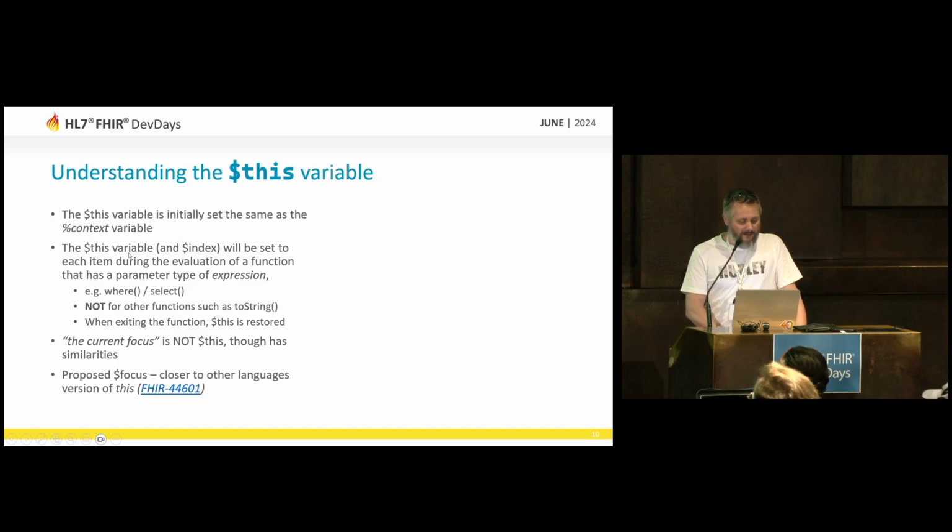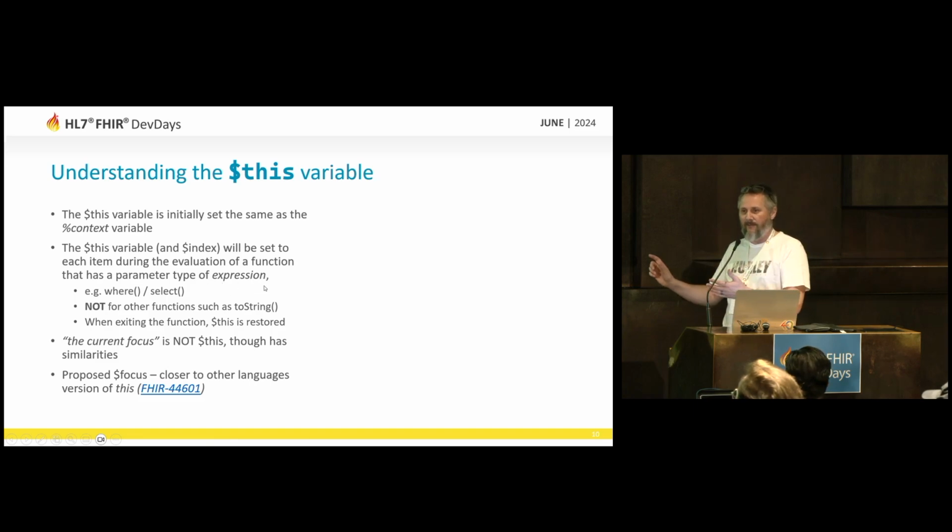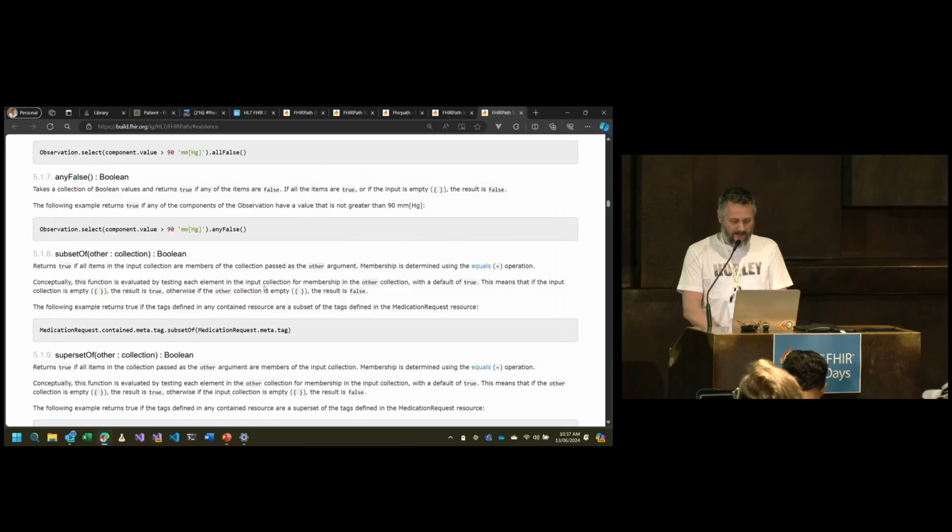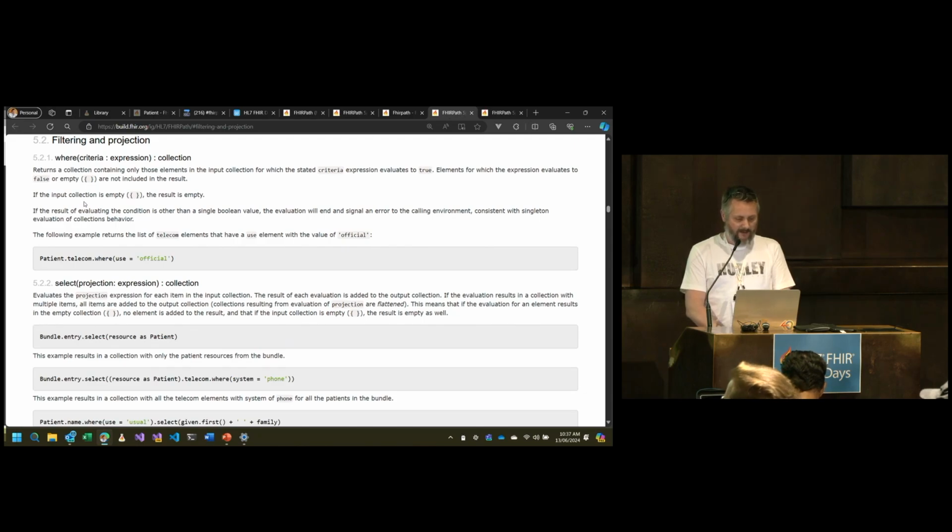The only time this variable is set is when it's processing each item during the evaluation of a function that has parameters of type expression. You might think everything is an expression in FHIRPath, and you're right. But if I go back to the spec and look, where criteria is an expression, so this is one that will do the actual variations.